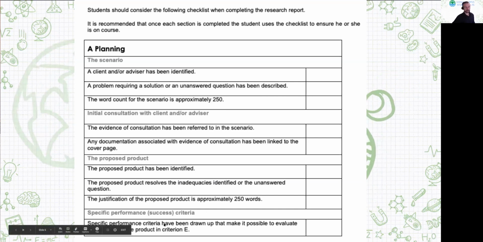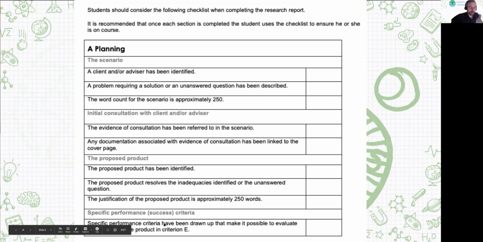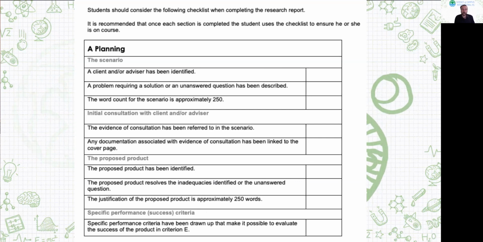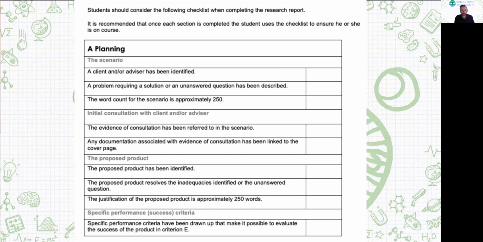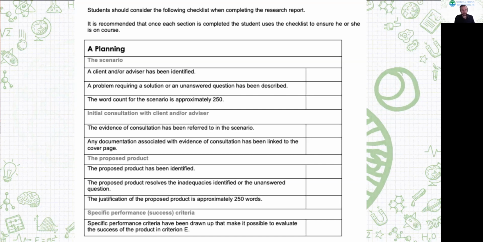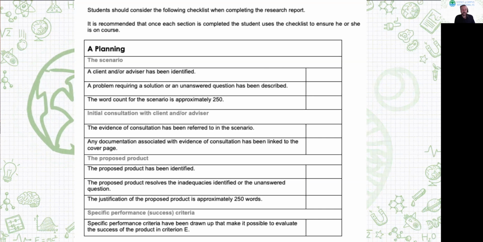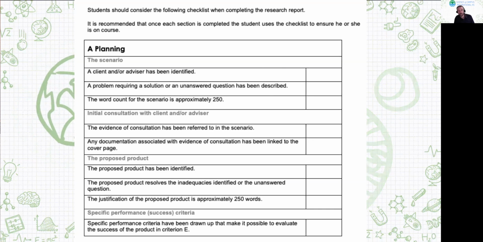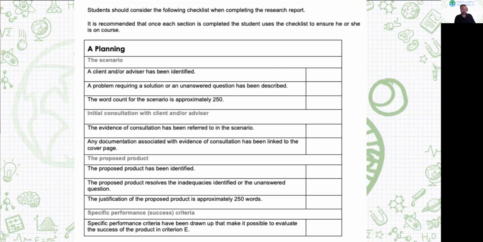Then, just like you did with your personal project, you are going to identify specific performance criteria or criteria for success. How will you know that your product is successful? What are you going to test it on? The more criteria that you have, the better your grade is going to be on criterion A and criterion E. If you only have 2 or 3 criteria, it's going to be very difficult for you to say, I met this standard, because it's going to include far too much.